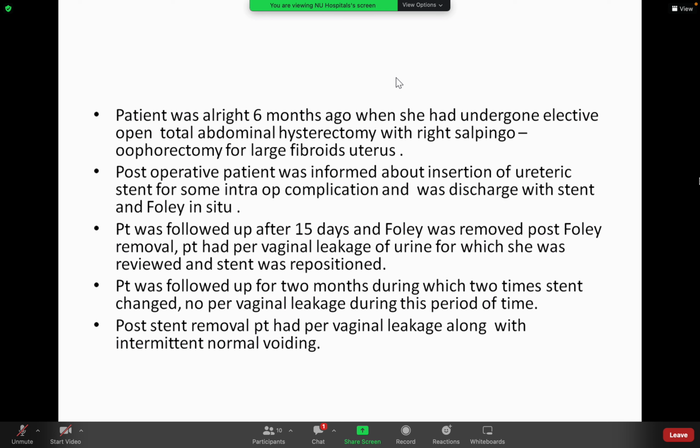Sir, at 2 weeks, I would like to put on retrograde stenting, sir. If it is successful, I would wait for 3 months and later reassess with repeat CT IVU and take a call, sir. If stenting is not successful, I would put a nephrostogram and repeat the assessment after 3 months, sir.